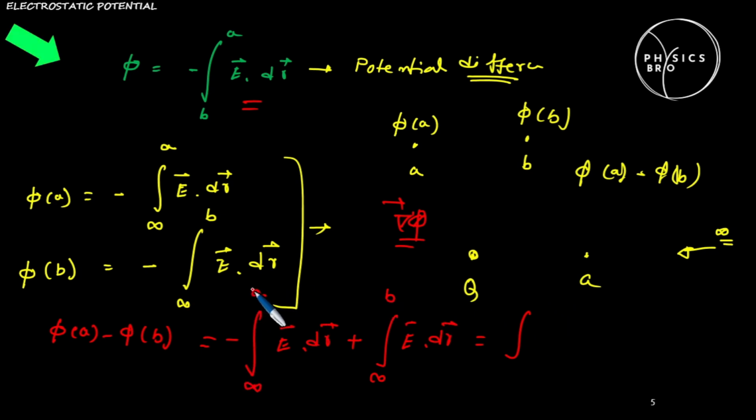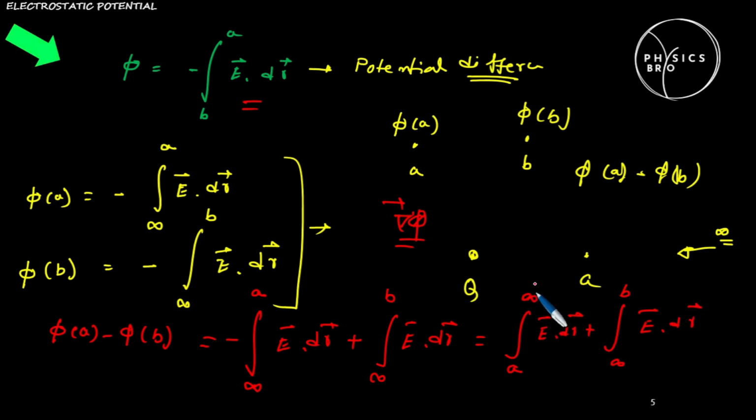The upper limit goes to the lower and the lower limit goes to the upper one: A to infinity of E dot dr plus infinity to B of E dot dr.